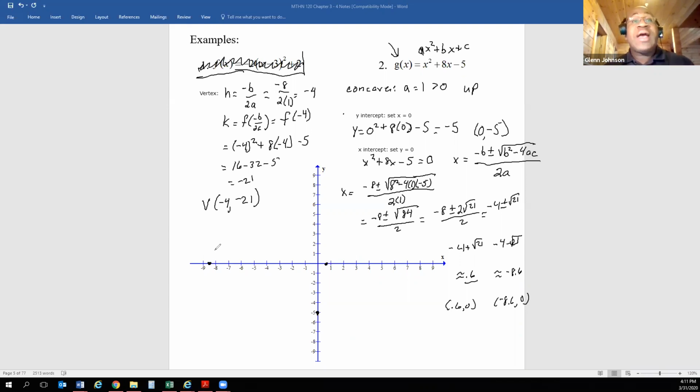All right, so now bringing this together with our vertex. Now the vertex, remember, was way down here, so it was like negative 4 and negative 21. I'm not going to be doing this really much justice here, but we can get an idea once you have that value. From there, we're just basically drawing the parabola.